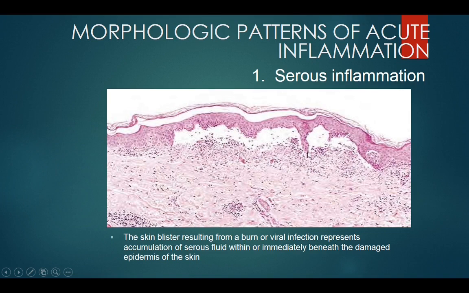You can see there are a lot of neutrophils accumulating in this area. In acute inflammation there is leakage in the vessels, vasodilation, and endothelial contraction, which leads to movement of neutrophils outside. This is serous inflammation.